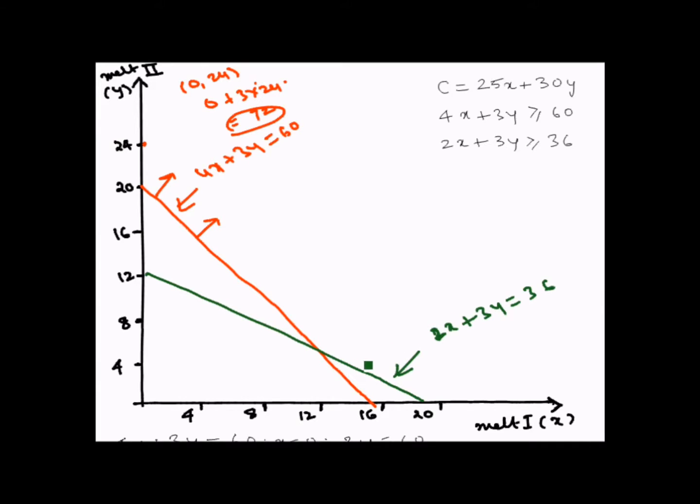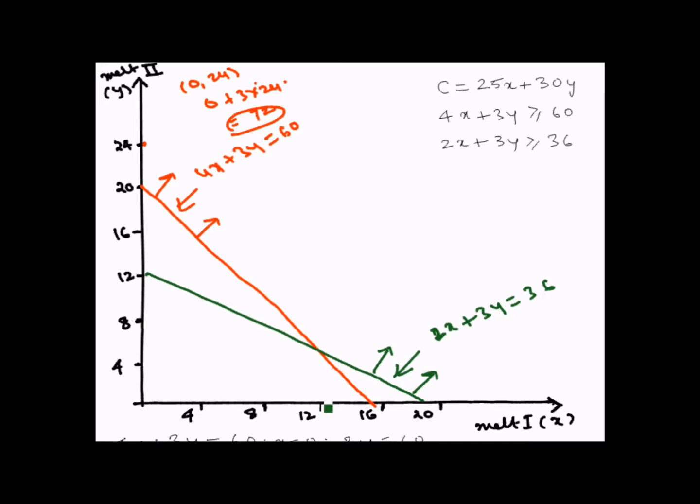So all the points on this line will represent 2x plus 3y is equal to 36. And for the inequality 2x plus 3y is greater than or equal to 36, all the points on this side would represent that. We can again verify this.